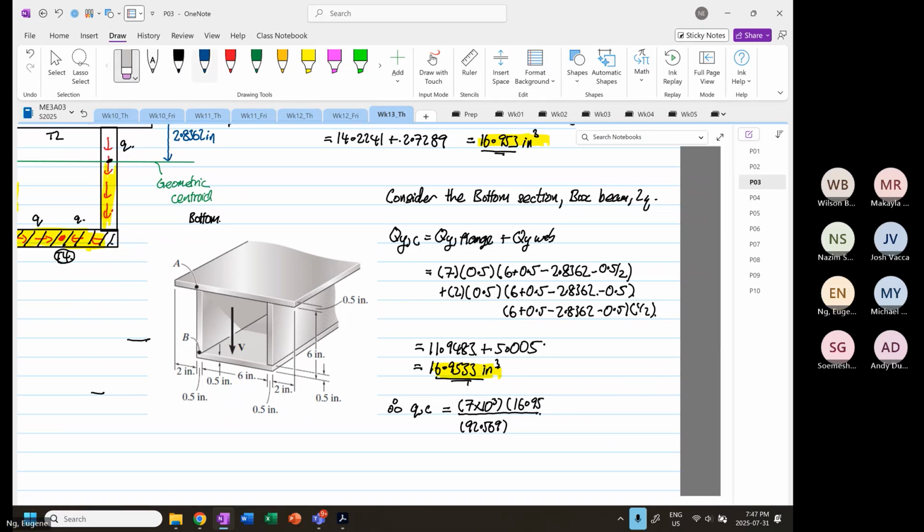Okay. And then you need to divide by 2 because it's a box beam. So 7 power 3 times 16.953 divided by 92.569 divided by 2, so it's equal to 640.987.